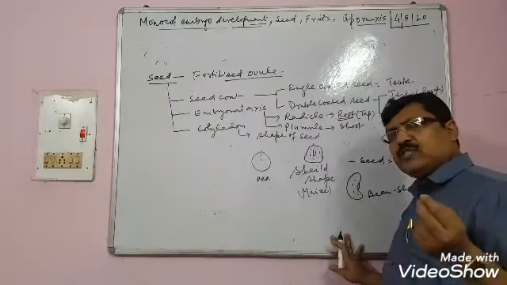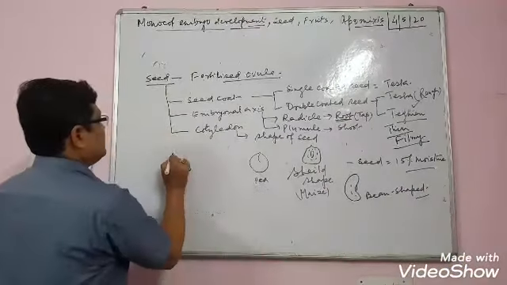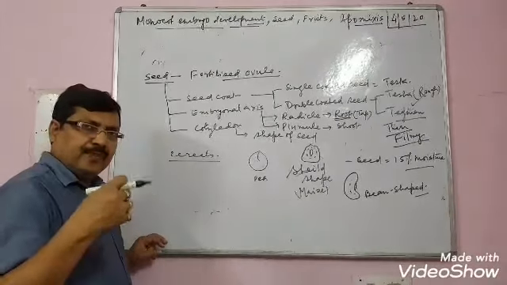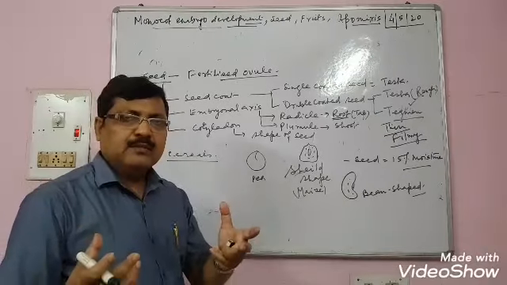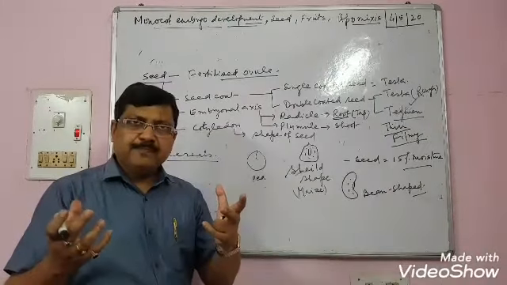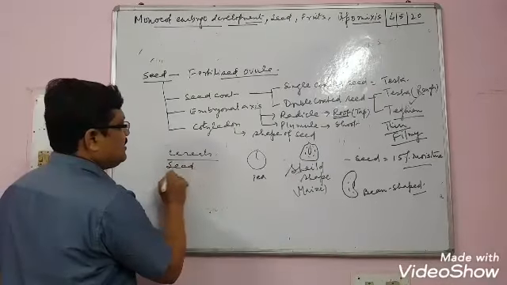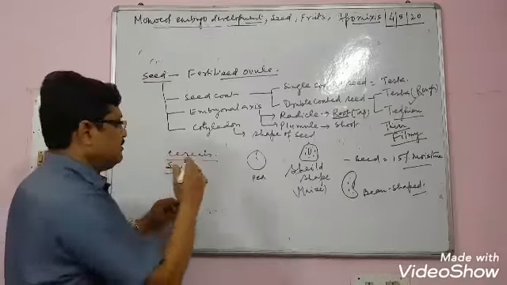I want to say that in case of cereals, means major and minor cereals, wheat, rice, maize, jau, jowar, bajra, in such cases the seed is referred to as fruit.